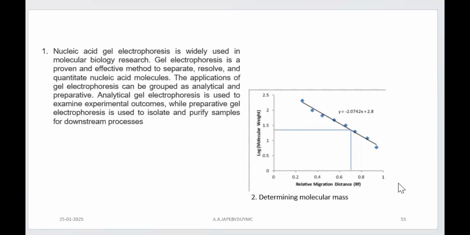I'll get a graph line or trend line which is telling me, based on their mobility and molecular weight, this is going to be the pattern. And when I run my sample molecule, I can measure only the distance traveled on the gel. So from that distance traveled, I can plot a perpendicular line on the graph and find out its relative molecular weight. So electrophoretic systems are used for finding out the molecular weight of the sample analyte.